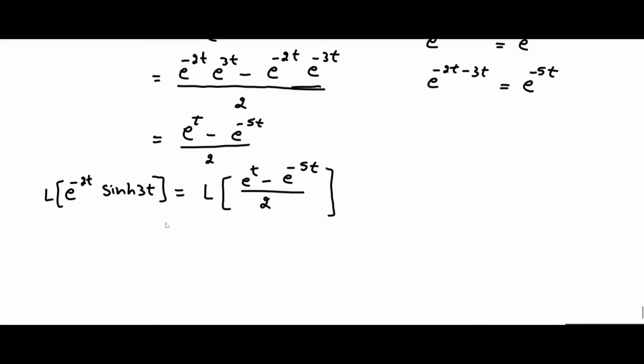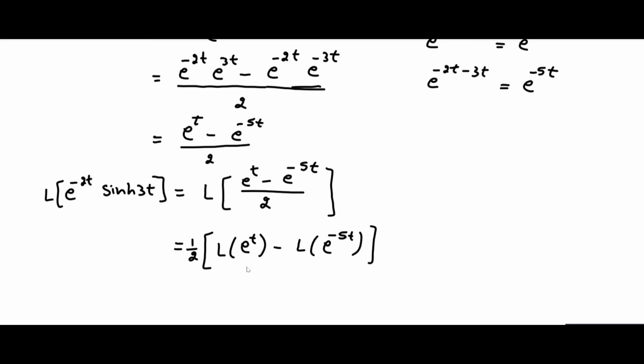If I take the constant 1 by 2 outside, we are left with the Laplace transform of the first term e power of t, minus the Laplace transform of the next term e power of minus 5t.